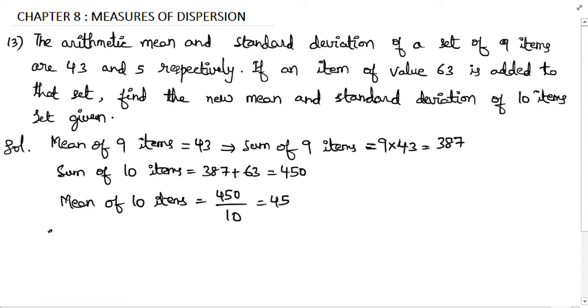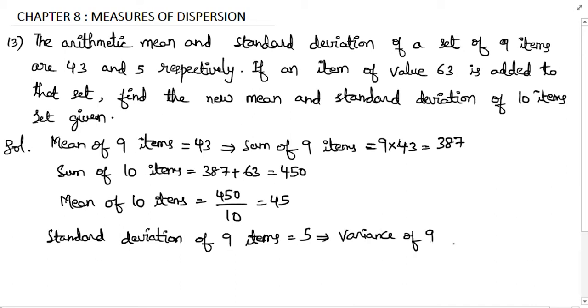Now the standard deviation of 9 items is equal to 5, as given. So that implies the variance of 9 items is equal to 25, because variance is sigma square.